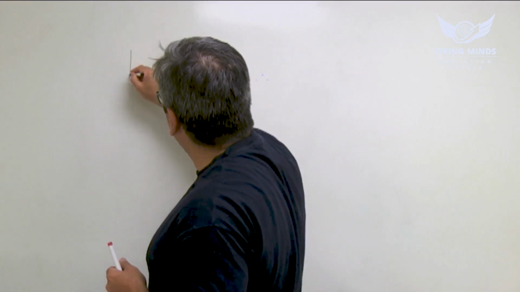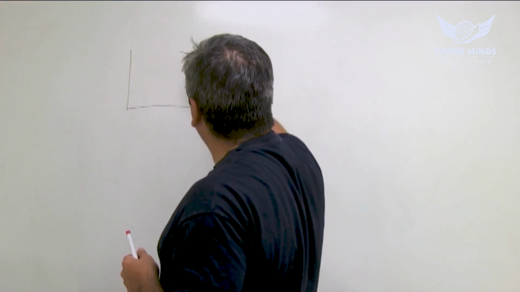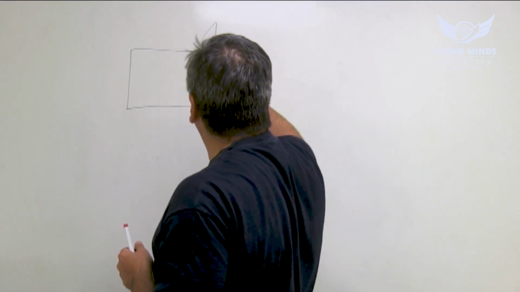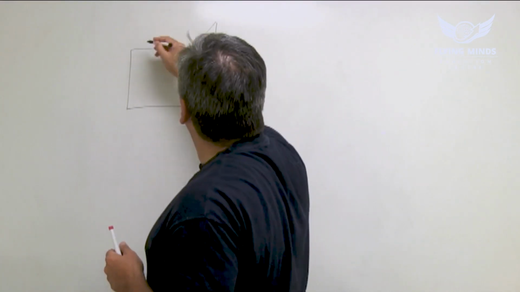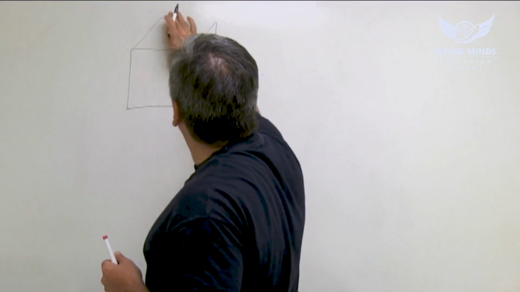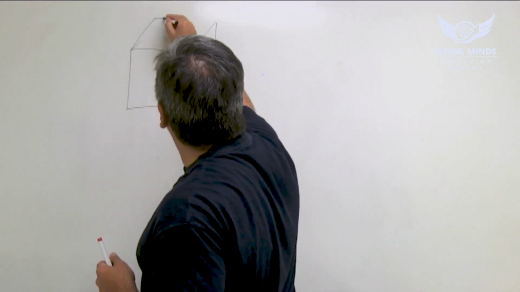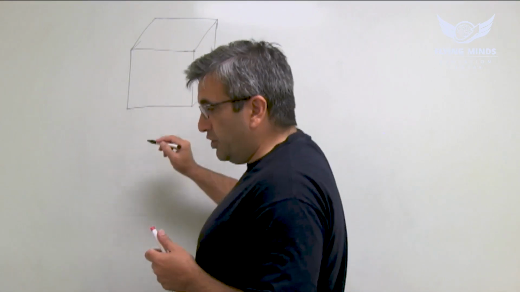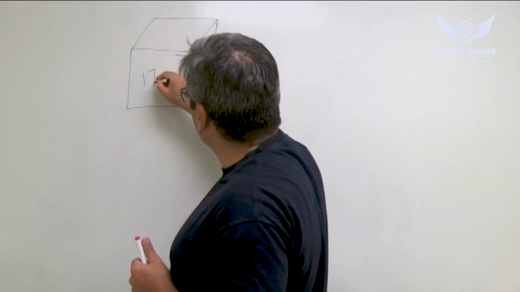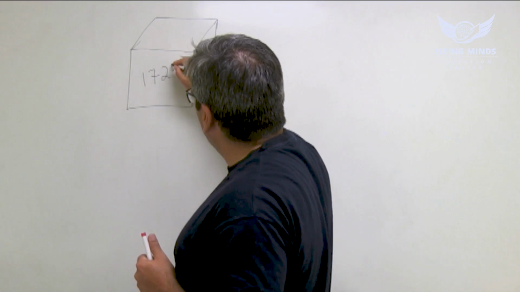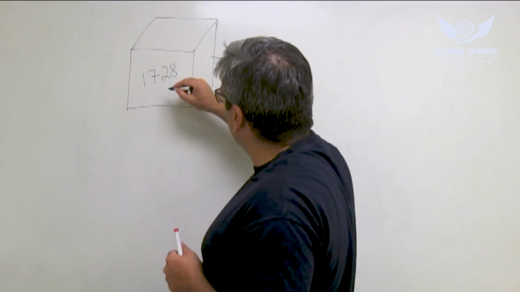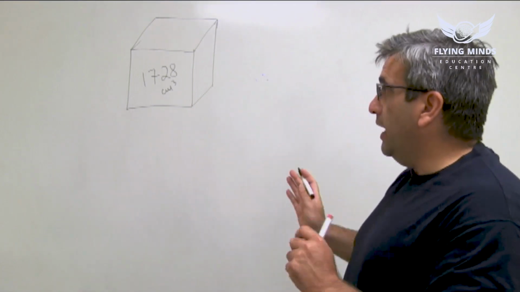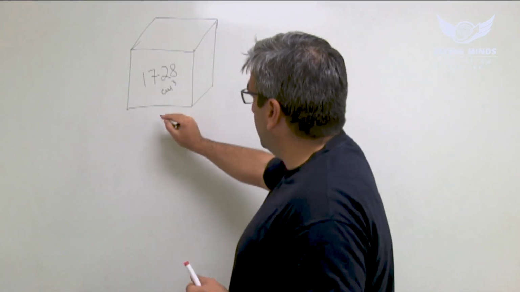So next, exercise 7a. We have a shape. We don't know if it's a cube or not. But we know that the volume of this shape is 1,728 centimeters cubed, right?